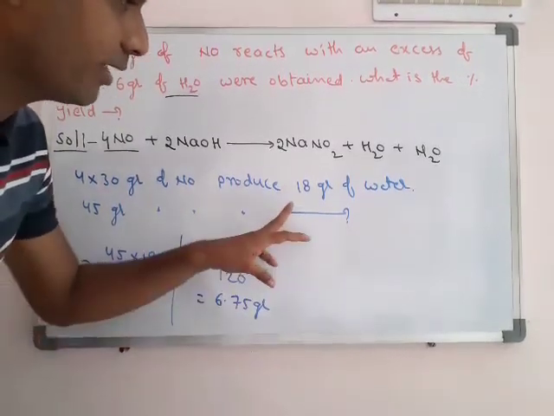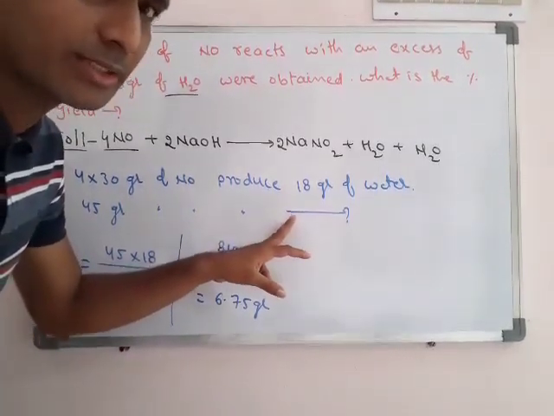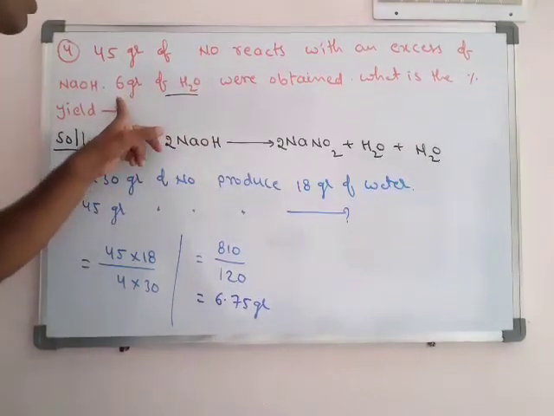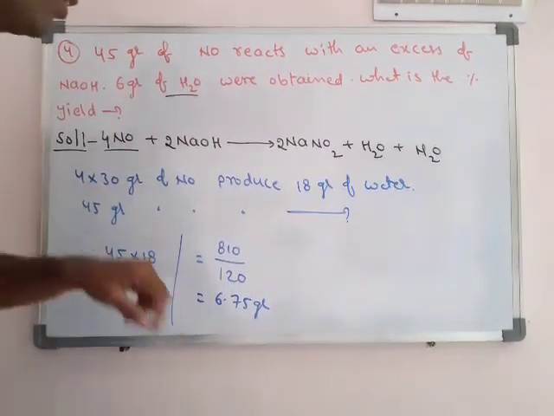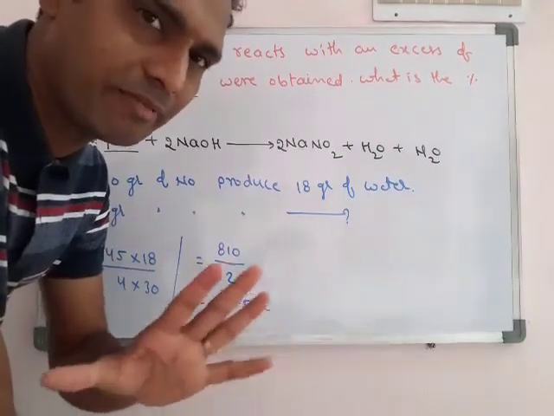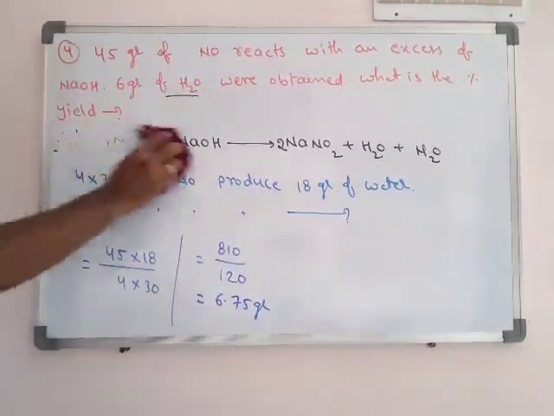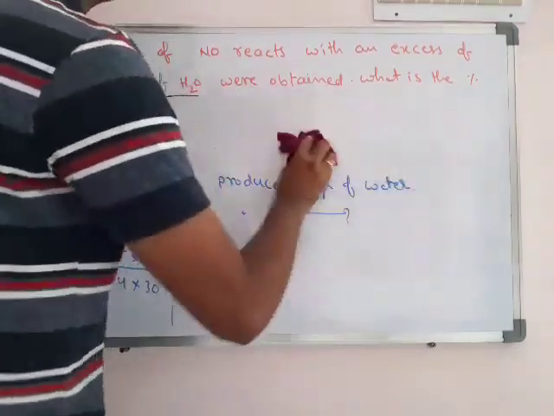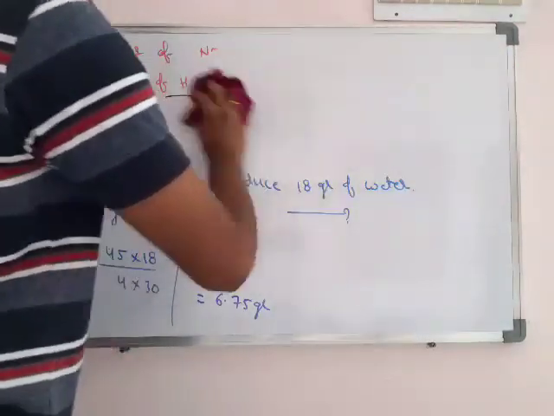So this is a theoretical value according to the calculation. But in the problem it is given just 6 grams only formed. Means 0.75 gram is the difference. Okay. So based on this, now calculate the percent yield.